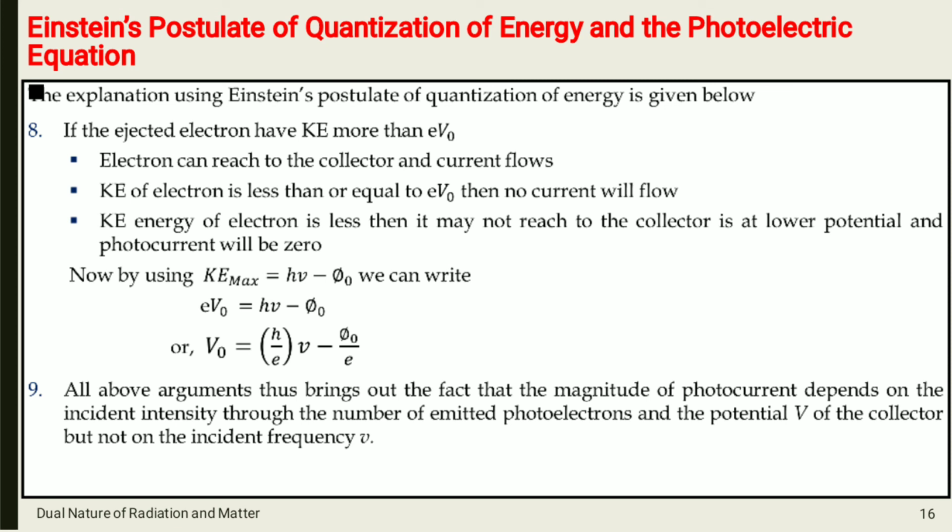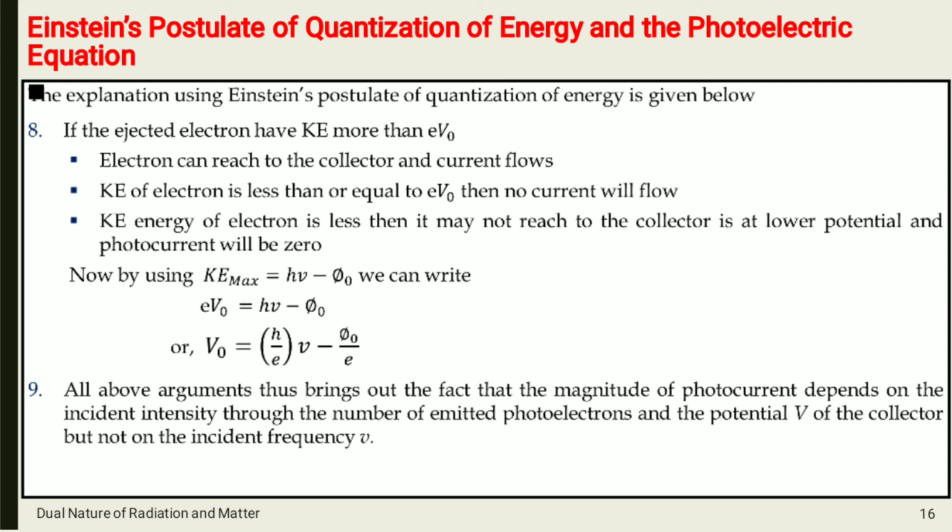photocurrent will be 0. Now, by using Ke max is equal to h nu minus phi 0, that is Einstein's photoelectric equation, Ke max is what? eV0, which is equal to h nu minus phi 0. Then you can write V0 is equal to h divided by e, nu, minus phi 0 divided by e.